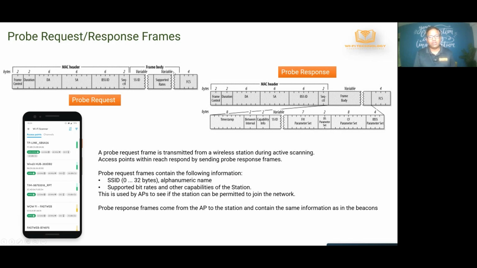But the payload, meaning the frame body, will change, right? And then even the probe response, the frame body will change. The probe request will have information about the station connecting to the access point, and the probe response will have information about the access point responding back to the station. So those frames are there, right?